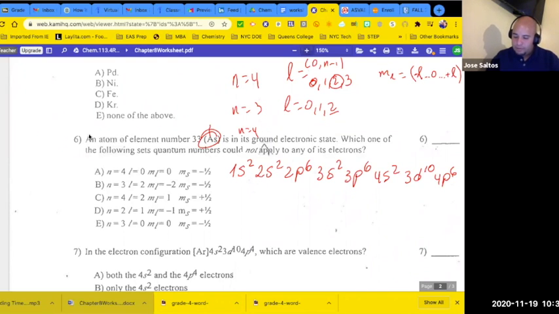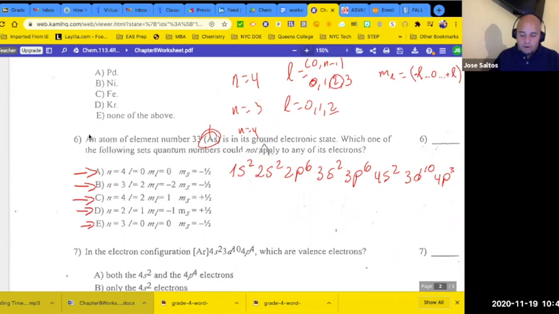Oh, 4p3, sorry, because remember, we have only 3 electrons left at the end, for 33. So it's 4p3. Now that I have this, let me see if I'm able to put this set of quantum numbers in this notation.